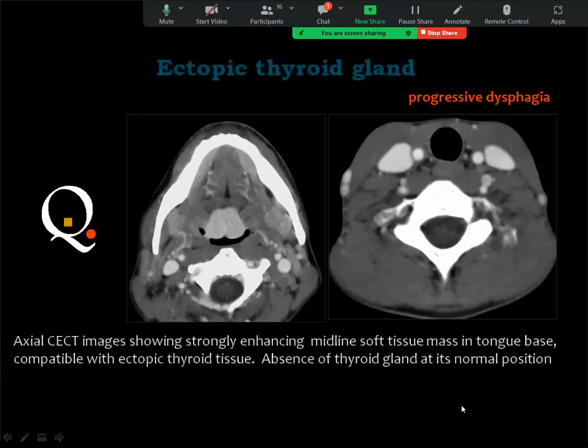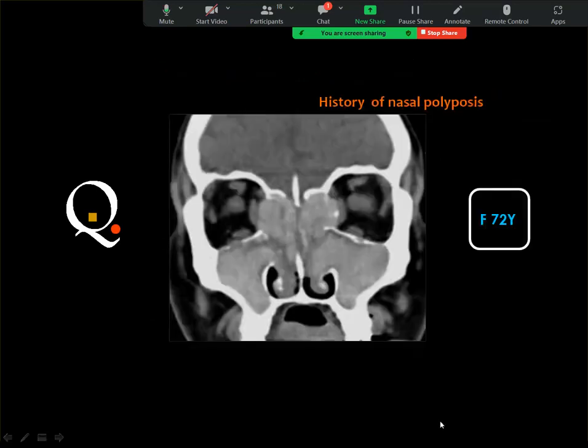This is ectopic thyroid or lingual thyroid. About 70 or 75% of patients with lingual thyroid, this will be the only thyroid tissue available for the patient. And sometimes you get a lingual thyroid and some thyroid tissue at its normal location.